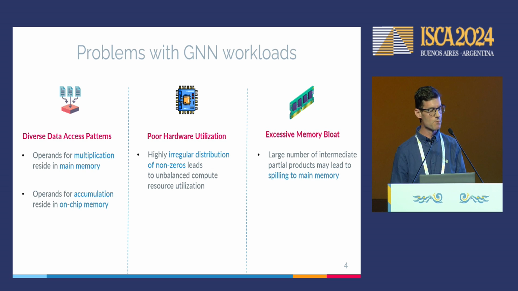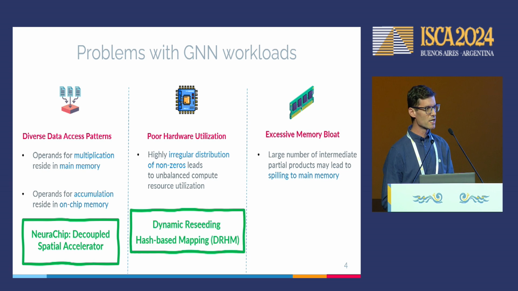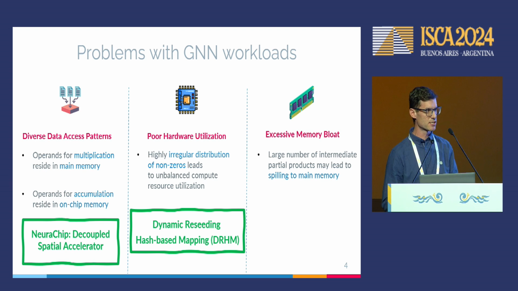In order to address these major challenges, we have proposed NeuraChip. It is a decoupled spatial accelerator tailored to each specific operation, multiplication and accumulation, due to these diverse data access patterns. It is not a unified engine. In order to achieve load balancing for both multiplication and accumulation, we have proposed a dynamic reseeding hash-based mapping, DRHM for short, that performs accumulation in a totally sparsity-aware way.